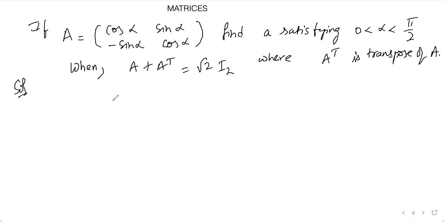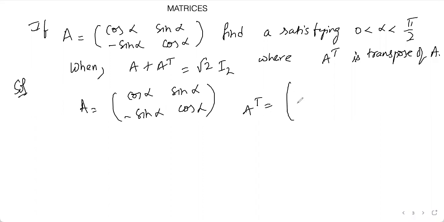So this would be A transpose. A is given as cos alpha, sin alpha, right? Minus sin alpha, cos alpha, right? Now A transpose would be, tell me, cos alpha.